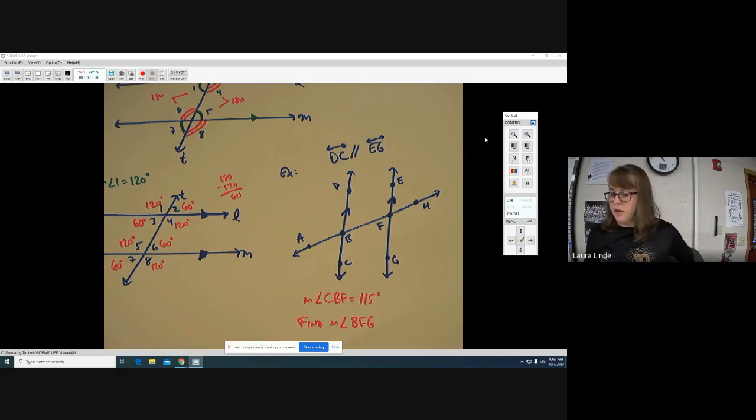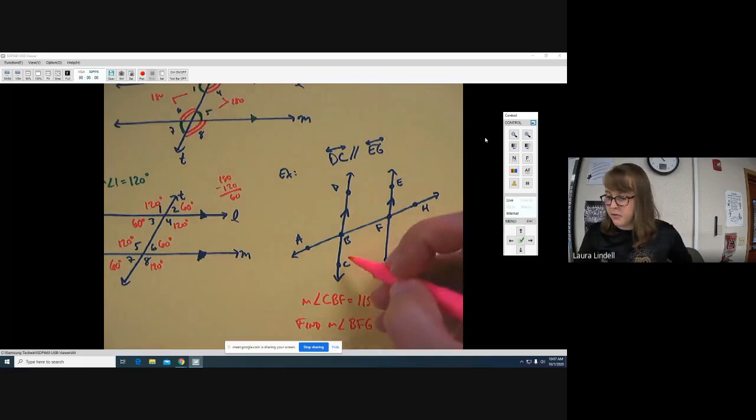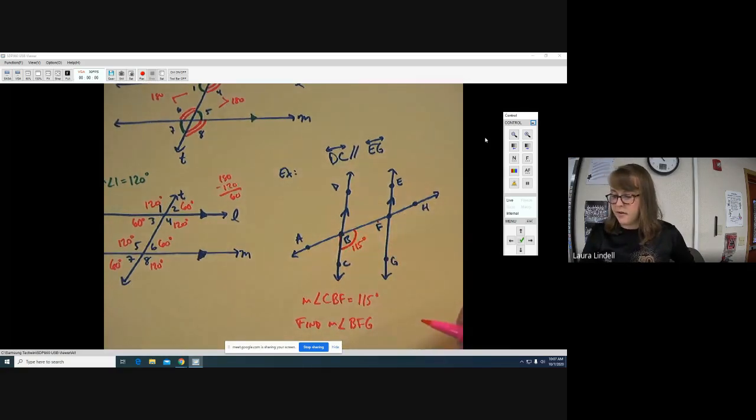All right. So the first thing I would do is in my picture figure out where angle CBF is. CBF, that's right here, this angle. And we know that that one's 115 degrees. Then I got to figure out where the other angle is that we're looking for, BFG. BFG, that tells me that it's this angle here.